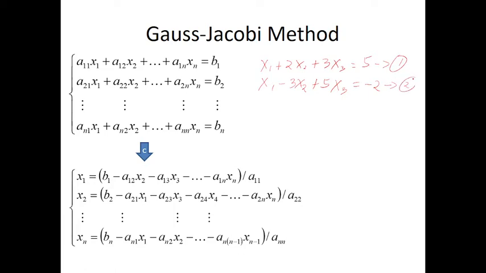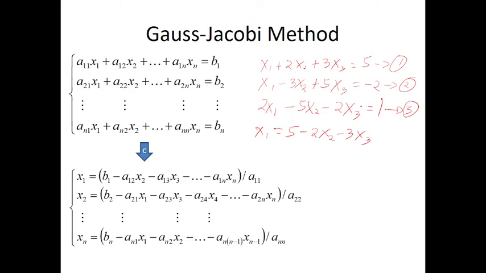Then let's say I have 2x sub 1 minus 5x sub 2 minus 2x3 equals 1. This is my third equation. So considering equation 1, I will express x sub 1 in terms of the other unknowns. That will be 5 minus 2x2 minus 3x3.